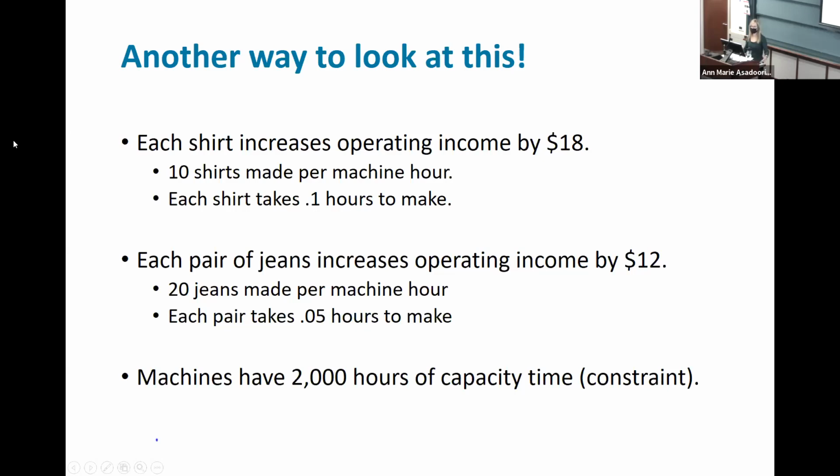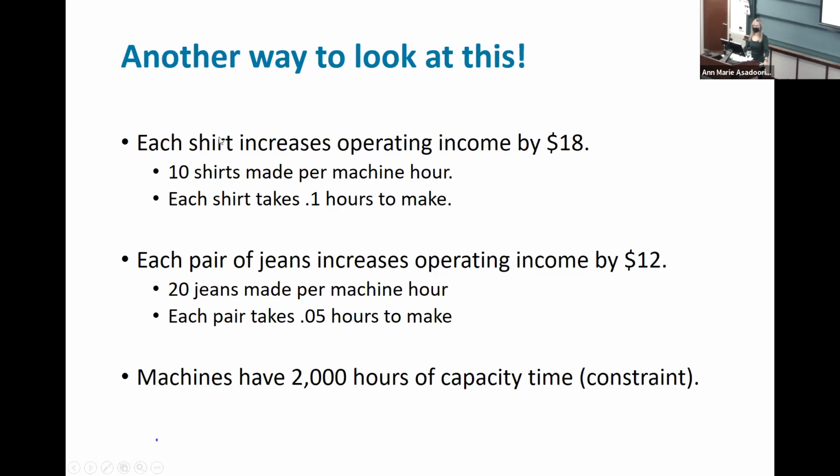It's just another way of giving you the exact same information. Just like in the last problem, it takes 0.05 hours to make a pair of jeans, and you can make 20 pairs of jeans in an hour. It's just another way of giving you the exact same information.